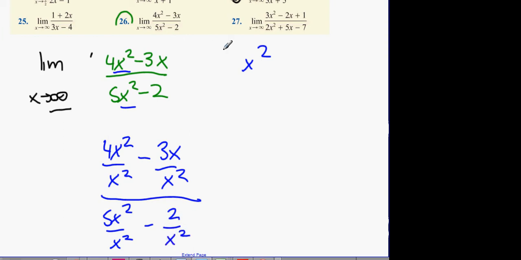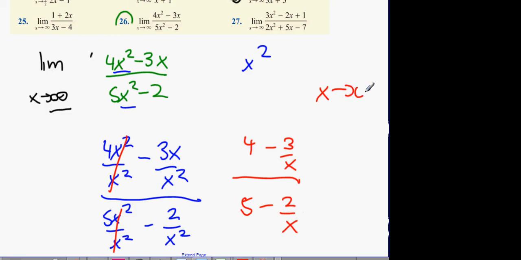Now what happens, guys? The x squared terms cancel, and that gives me 4 over 5, and it gives me minus 3 over x and minus 2 over x squared. What happens to these numbers as x goes really, really big? Same effect: 2 over a really, really big number squared. They both turn into 0, and the answer is 4 over 5, which is 0.8.